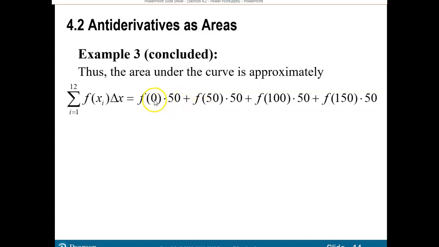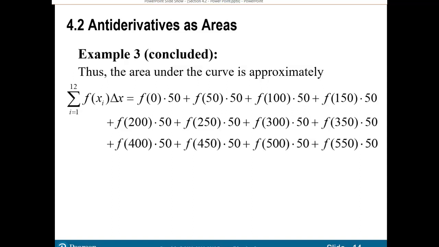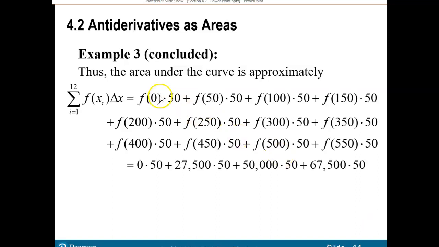So we start off by plugging in a 0 to get a height, and then we plug in 50, then 100, then 150, then 200, then 250, 300, 350, 400, 450, 500, 550, and then we're ready to add them up. So notice here there's 1, 2, 3, 4, 5, 6, 7, 8, 9, 10, 11, 12.